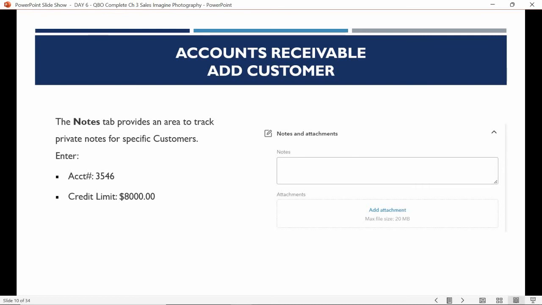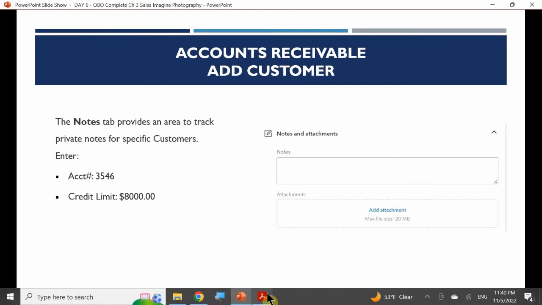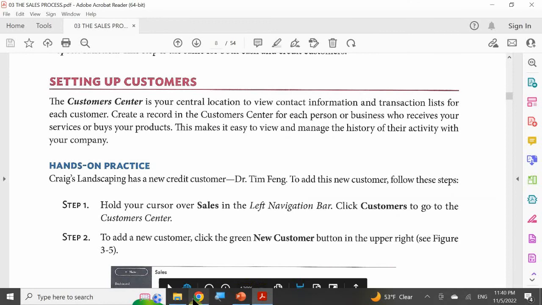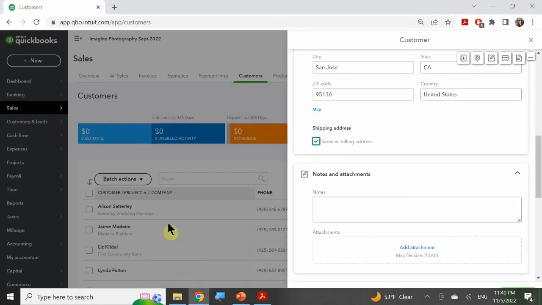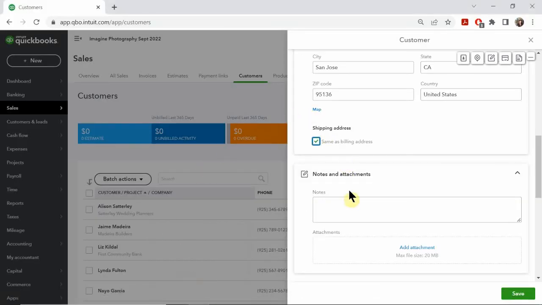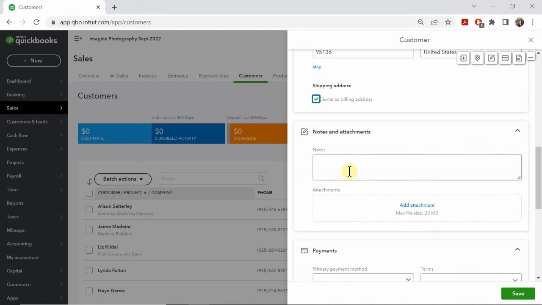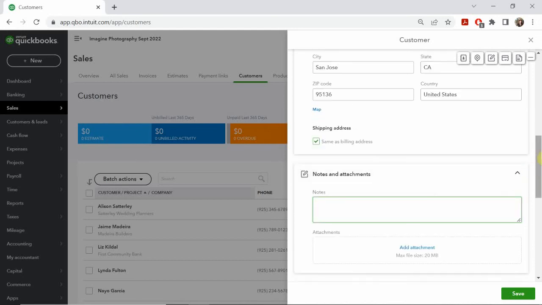So for instance, right here, account number 3546, and then the credit limit of $8,000, okay? Unfortunately, QuickBooks Online doesn't have a feature where you can stop transactions if they exceed their credit limit balance. That's something you're just going to have to keep in mind and be aware of.